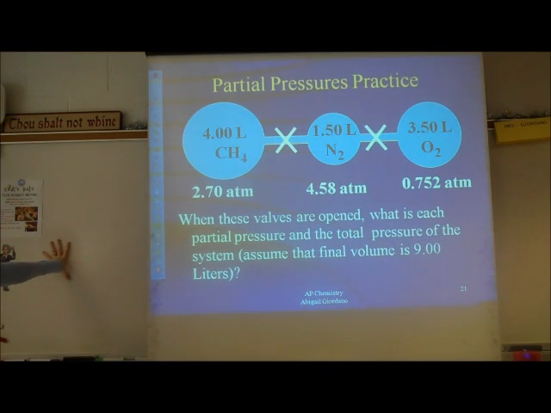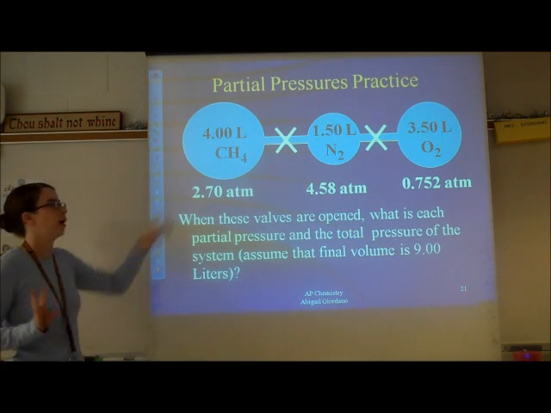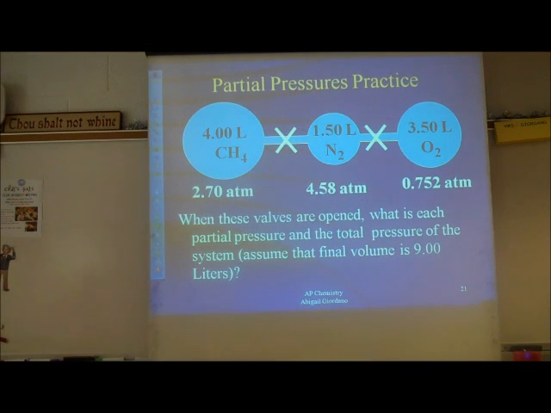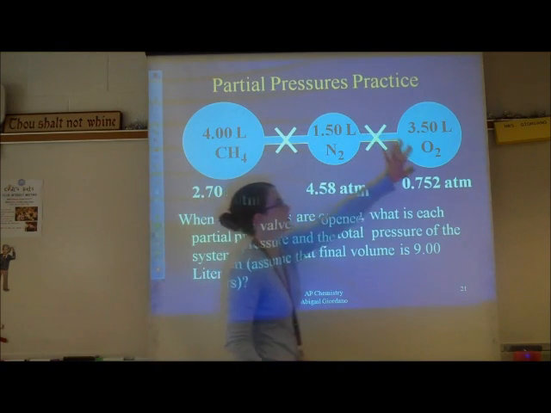Okay, folks, in your problem set for Chapter 5, you're going to have a problem that looks very similar to this one, and I will tell you that the AP exam loves gas law problems with these diagrams like this. They love it. So let me just explain to you what we're looking at here. We have one container that has 3 separate compartments.